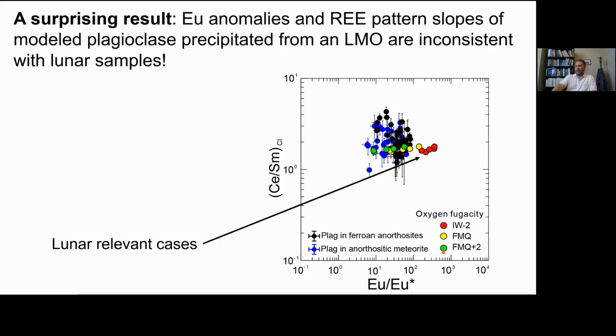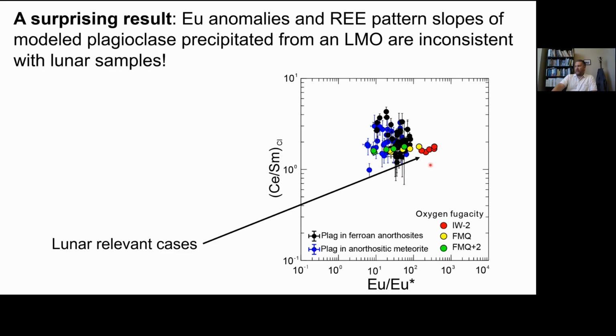So the green and the yellow dots, those are for oxidized cases that are not relevant to the moon. Those are relevant to Earth. So Earth's mantle today has an fO2 close to the FMQ buffer. But the moon is much more reduced, probably 4 orders of magnitude or more reduced than Earth. And the most lunar relevant condition here is this iron-wüstite -2 case, shown in red.